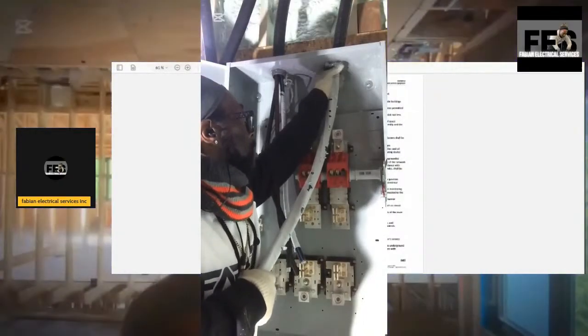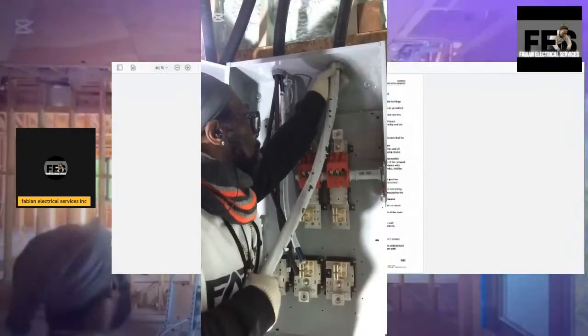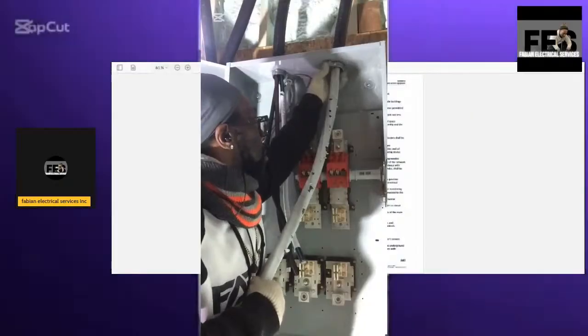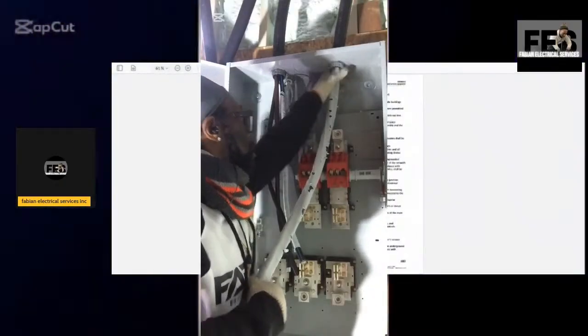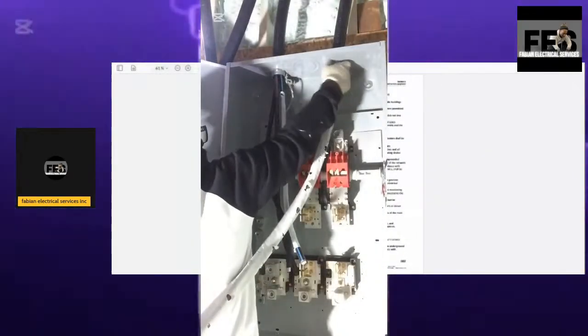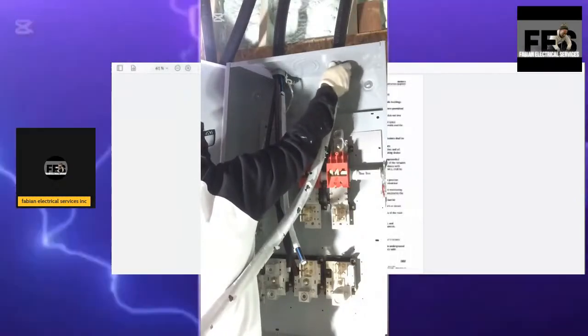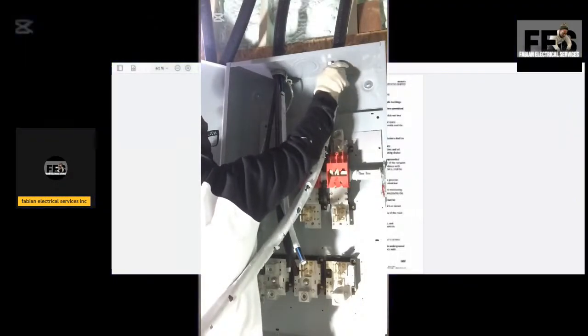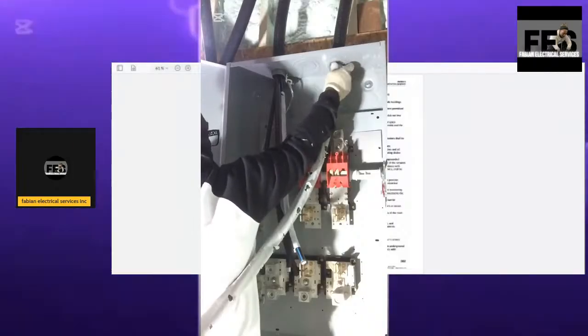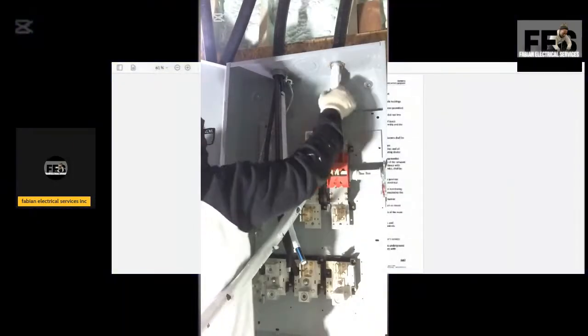This installation is going to come with the ground bushing connection. The reason being is the ground wire has to be grounded off to the actual ground clamp. The ground connection has to be grounded off.